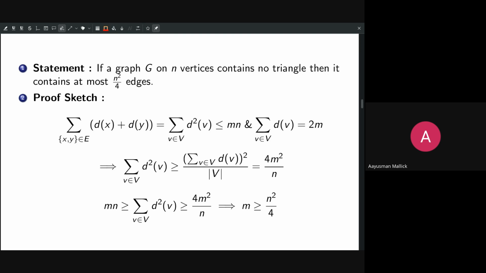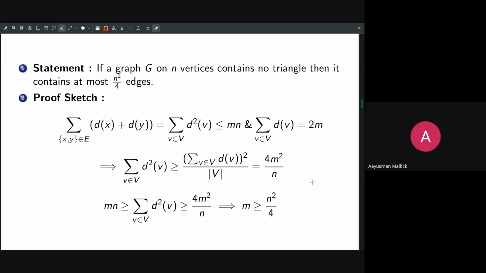Rayansh wrote in the text box that if we consider d(v) to be the number of neighbors of a vertex v, and then consider the pairs from the edge set, then the sum of d(x) plus d(y) over the set of edges is always less than or equal to mn, where m is the number of edges and n is the total number of vertices.